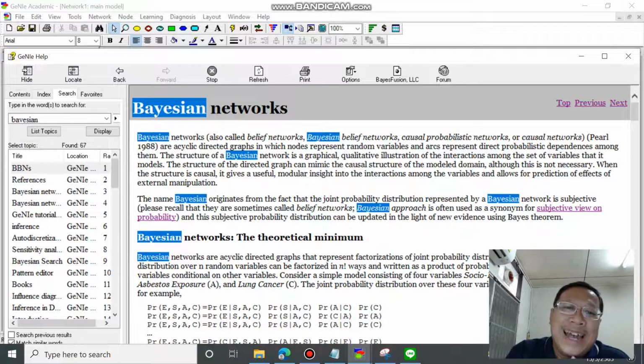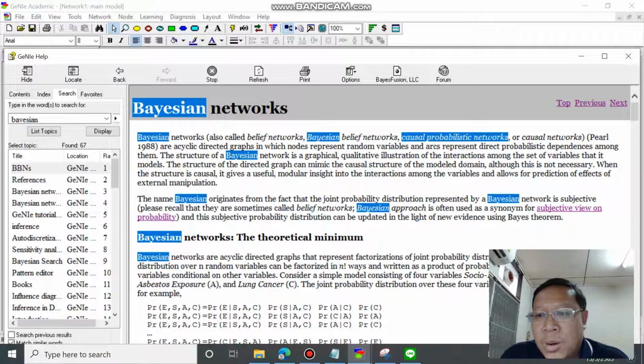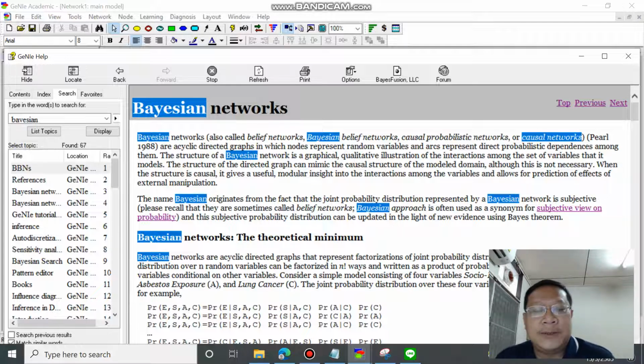Now we are going to have a look at the Bayesian network. Sometimes we call it belief network, Bayesian belief network, or causal probabilistic network, or causal networks.